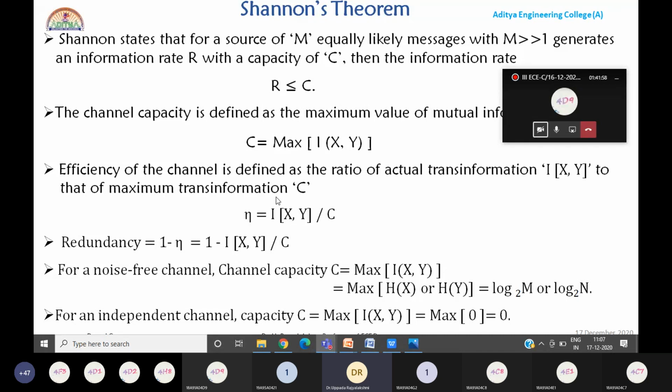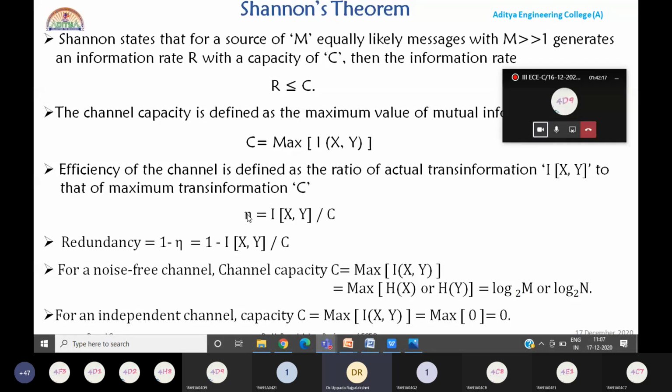The maximum amount of transfer of information can be calculated by using the channel capacity. So efficiency is the ratio of actual trans information, that is mutual information, to the maximum trans information, that is channel capacity.